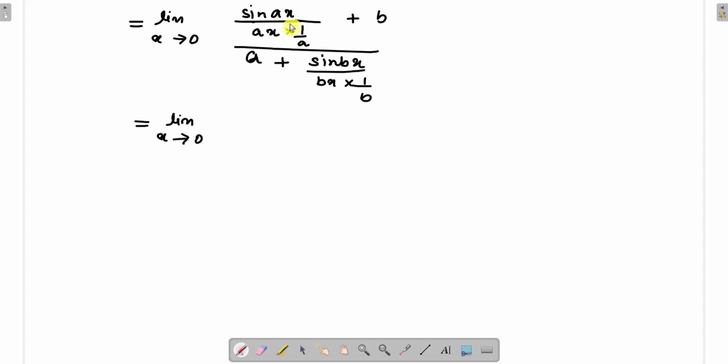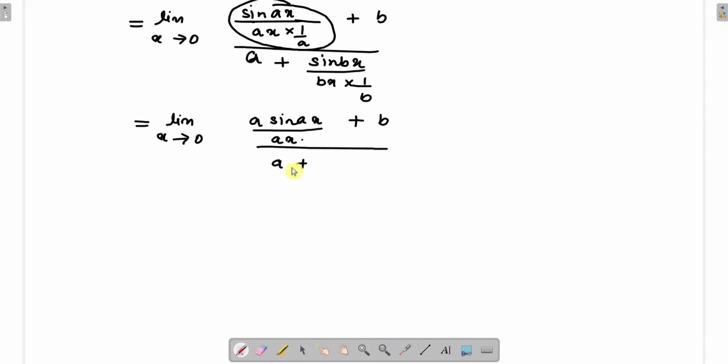What I'll do here, let us simplify this here. So what I'll get, a sin ax divided by ax, okay, plus b divided by a plus, here similar thing, b sin bx divided by bx.